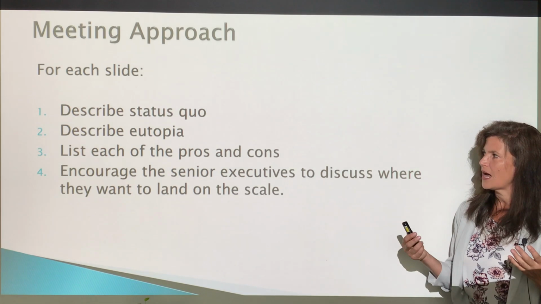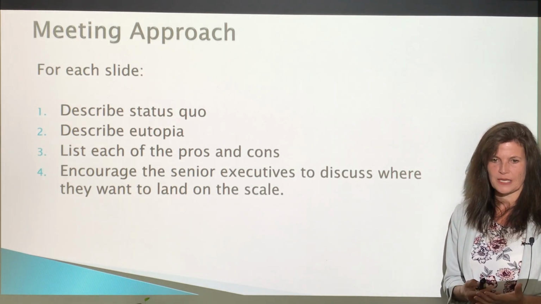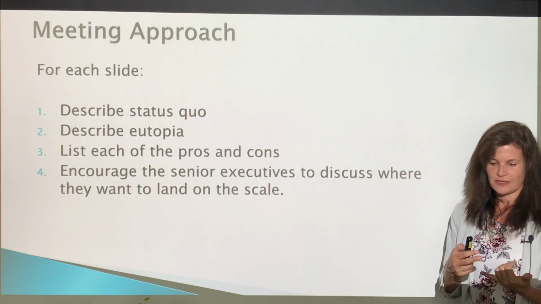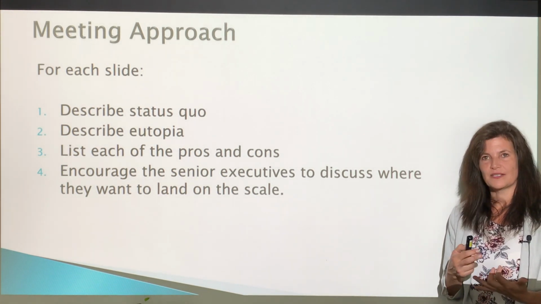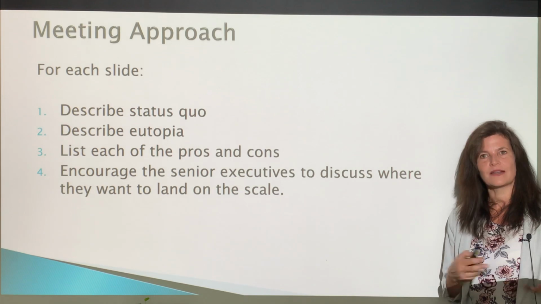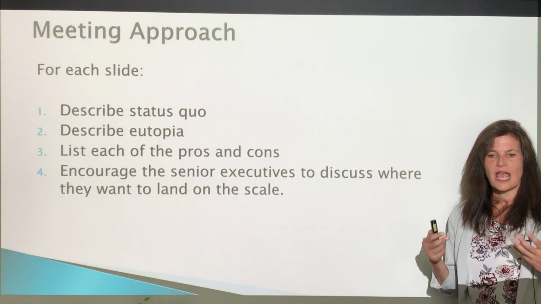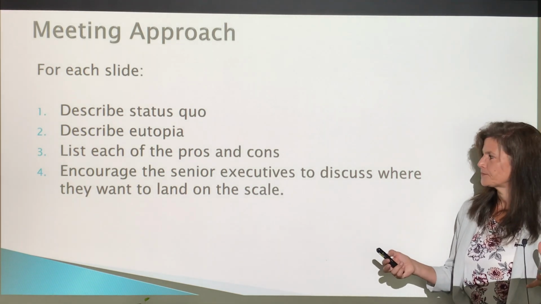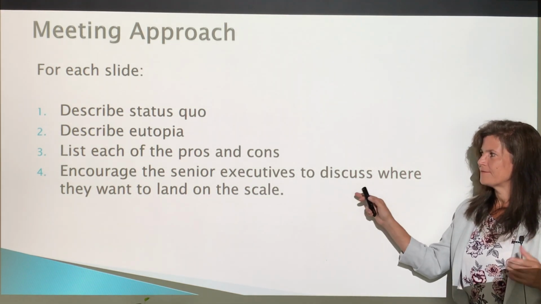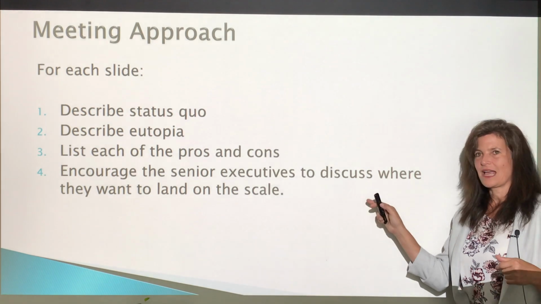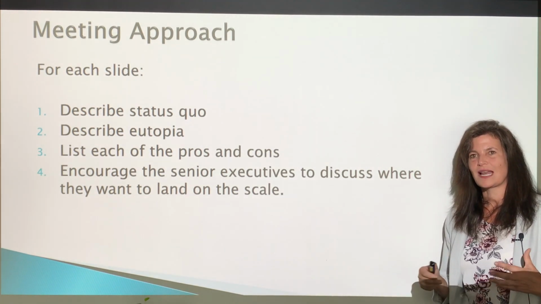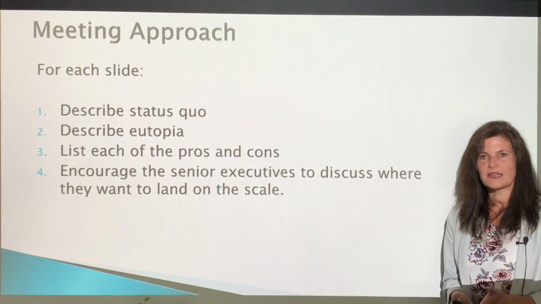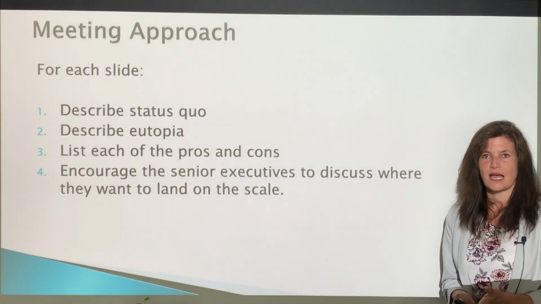Then I will tackle that first topic. So I showed you the slides of how I do it. I describe the status quo, I describe Utopia, and then I describe the pros and cons of each, and I sit back and I get those discussions flowing. And then I have to land the plane at the end of each. So I like to go back and say, are we in agreement that this is roughly what we want to design towards?